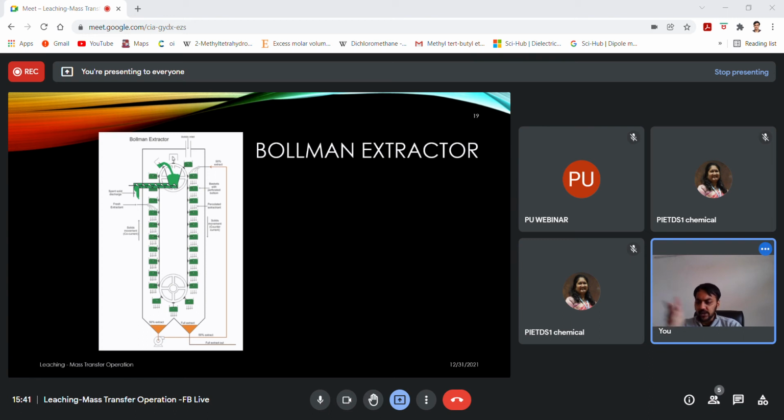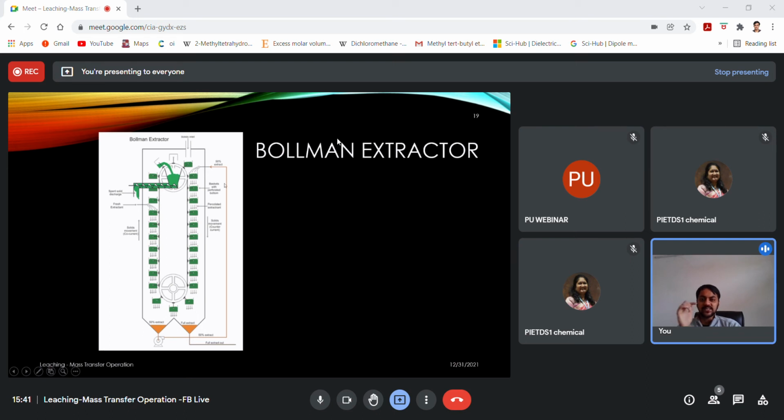Now another thing we need to understand is solvent. How is solvent moved? Liquid is pumped out from the bottom and added from the top. So solid is added, after solid addition there is a liquid, and liquid will flow in the downward direction.